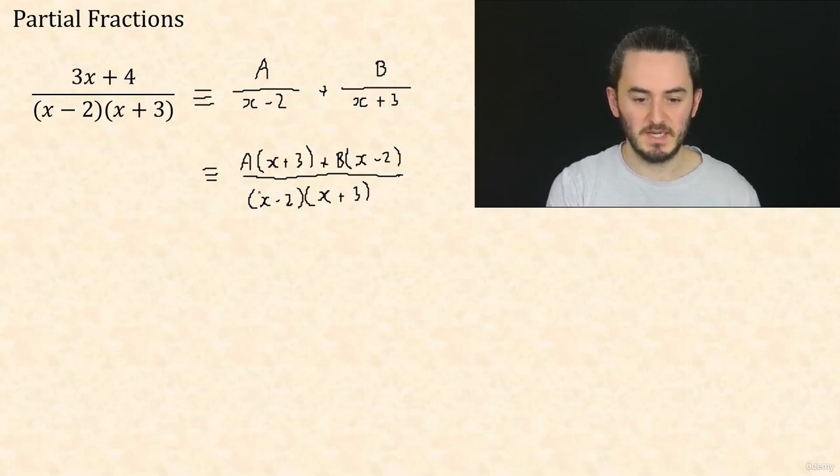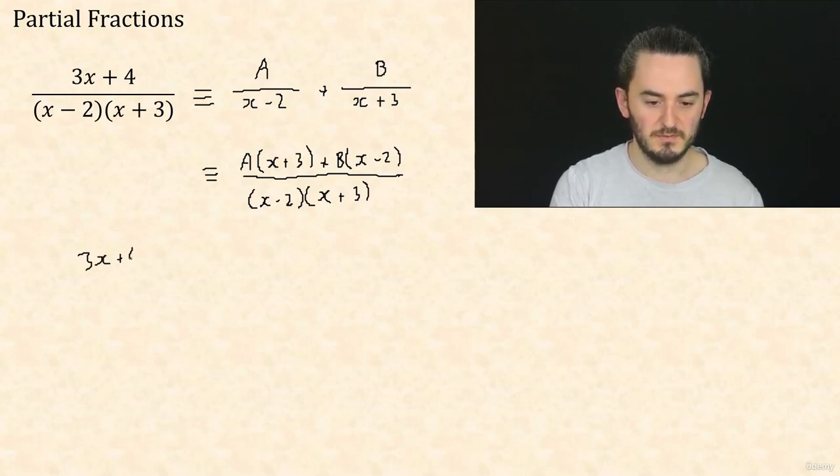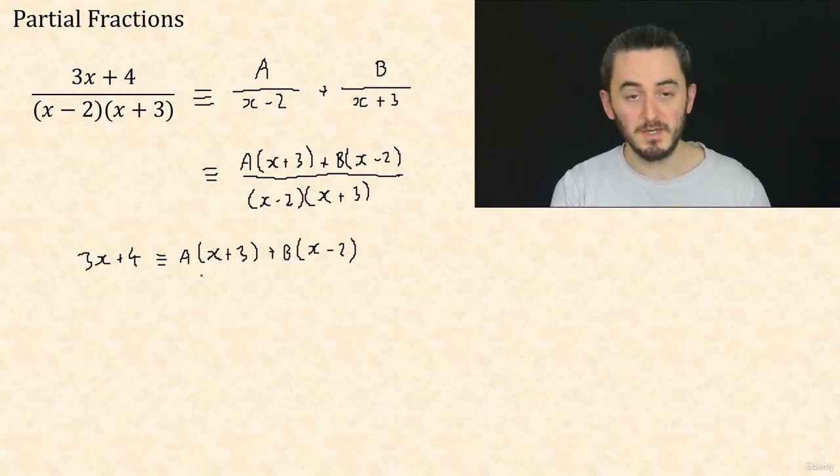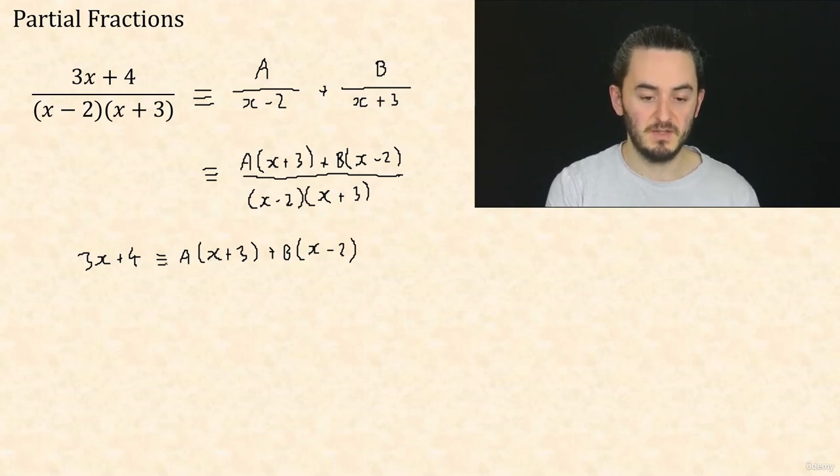The denominators are clearly the same, but we need the numerators to be the same. So let's focus just on the numerators. 3x plus 4 has to be identical to A times x plus 3 plus B times x minus 2. So the challenge is, can you find numbers A and B that make these two statements the same?